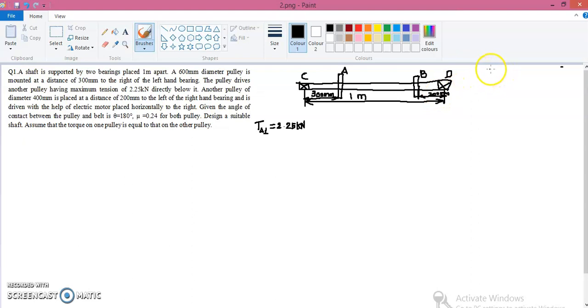Now I can complete this side view of these two pulleys. First one, the larger pulley, that is pulley A, a larger circle.